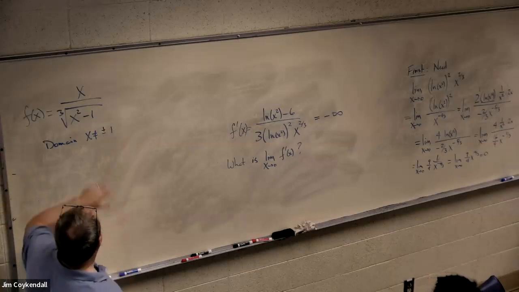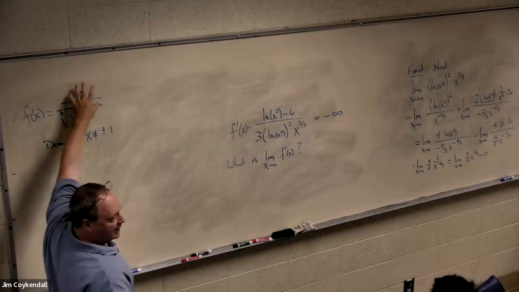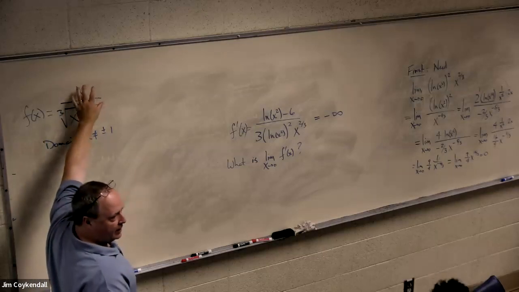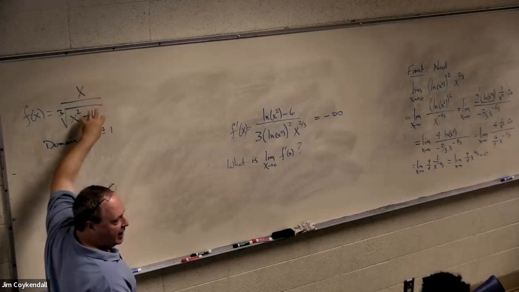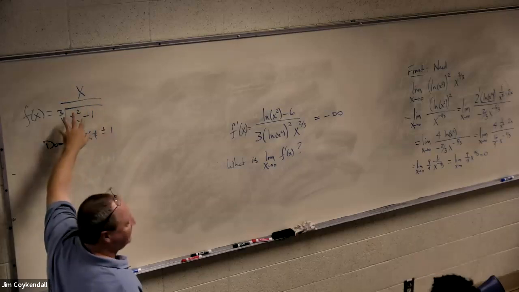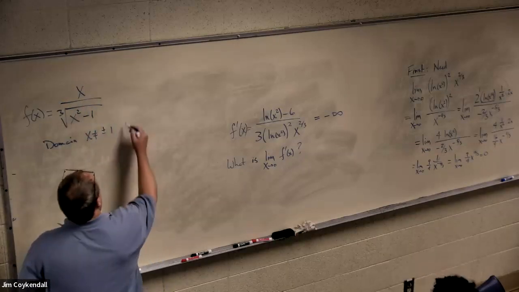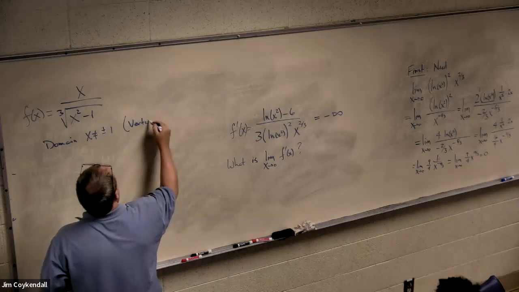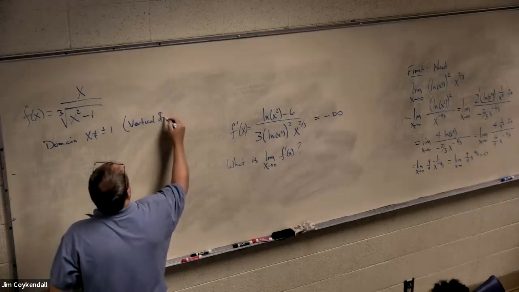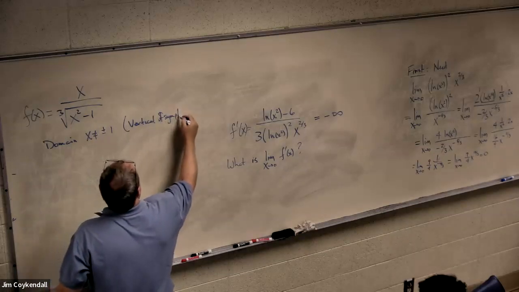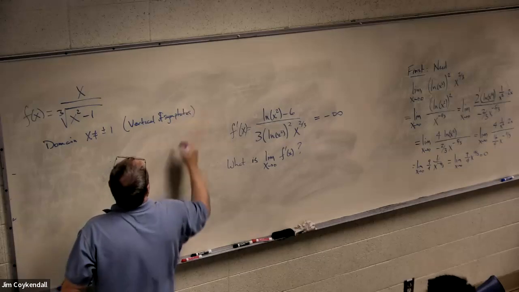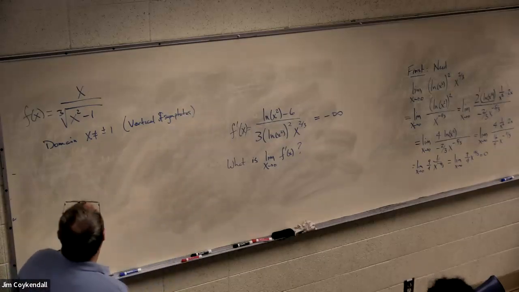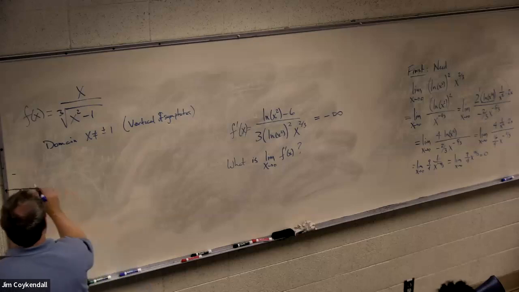And notice as you get very close to plus or minus 1, that numerator is getting close to plus or minus 1, and the denominator is getting very, very small. I think that there's going to be vertical asymptotes. Okay, so I've given you the derivatives.